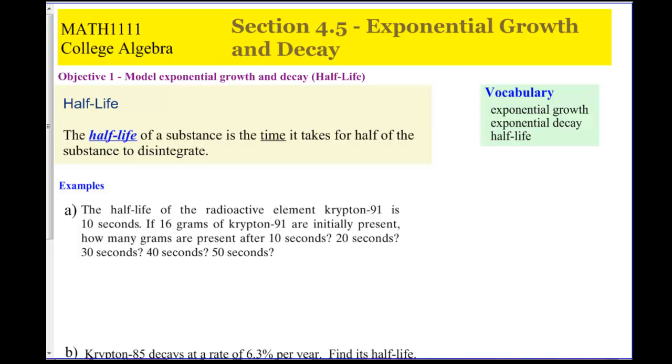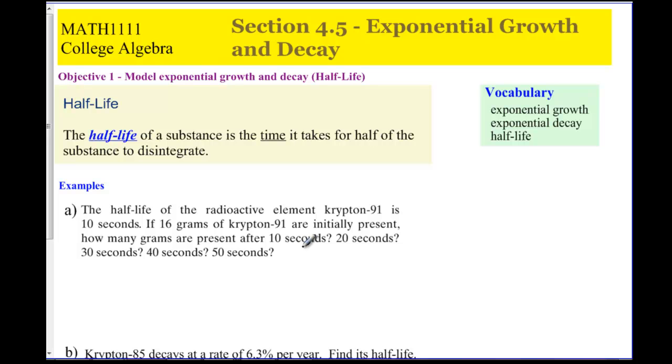So we'll start with the half-life of a radioactive element, krypton 91. It's 10 seconds. So if 16 grams of krypton 91 are initially present, how many grams are present after 10 seconds? So after 1 half-life, if you start out with 10, what do you have left? 5.